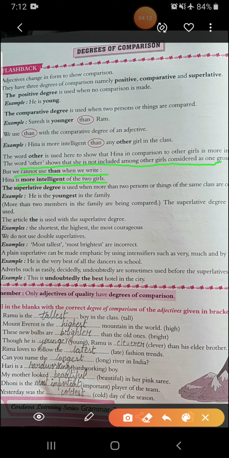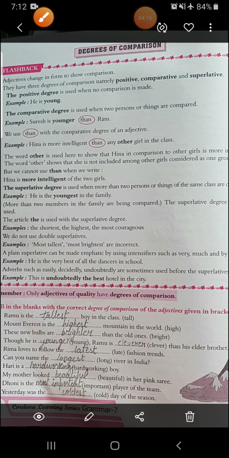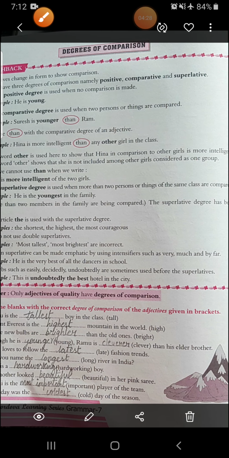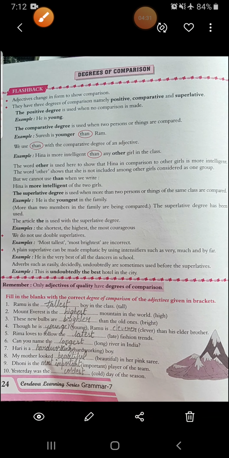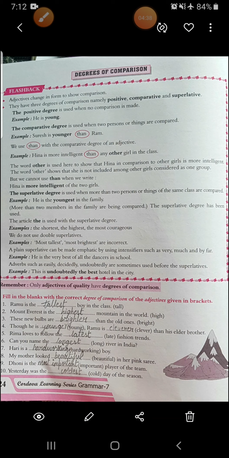Now the third degree of comparison is the superlative degree. Means you are super. The superlative degree is used when more than two persons or things of the same class are compared.